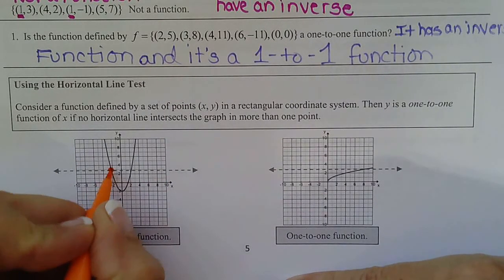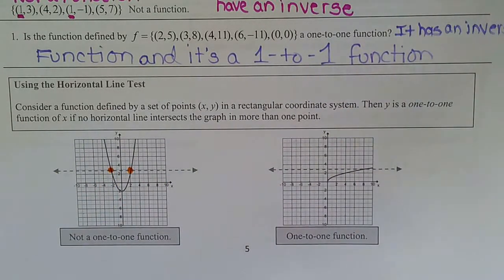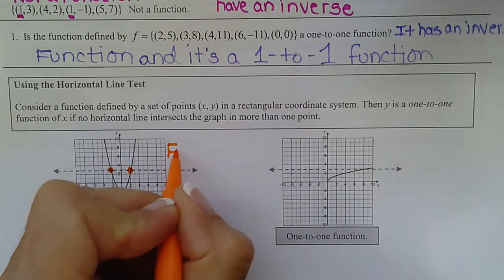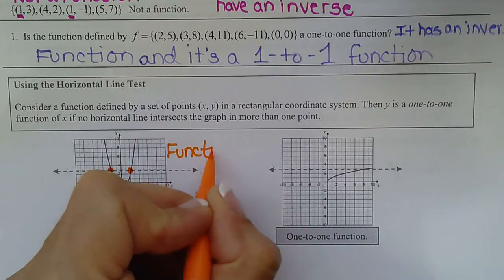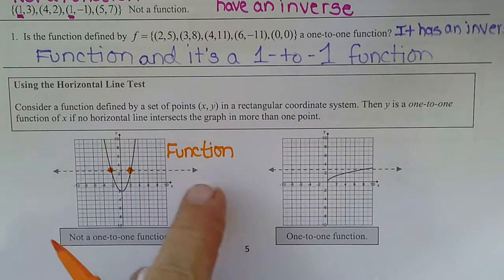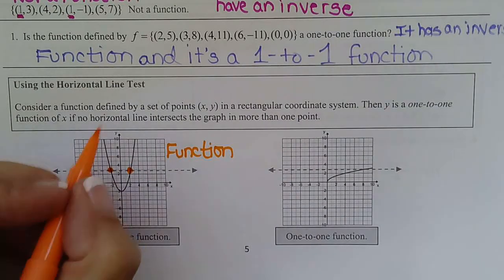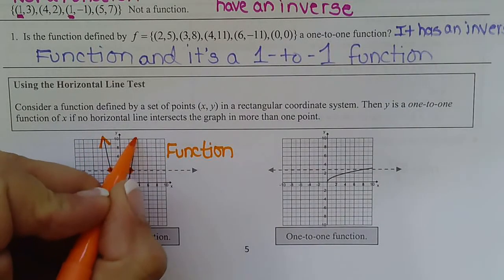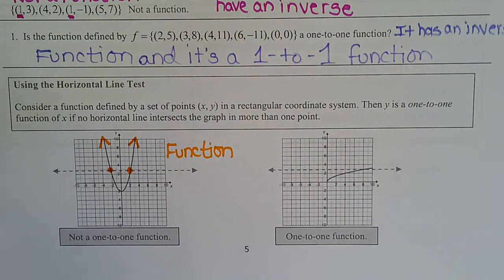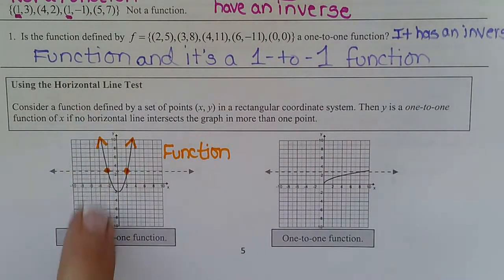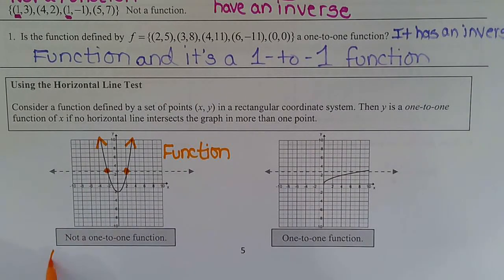This one fails the horizontal line test. So this is a function because it passes the vertical line test, but because it fails the horizontal line test, it's not a 1-to-1 function. But keep in mind, it still is a function. I don't want you to lose track of what you've learned in previous classes. If it passes the vertical line test, it's a function. It's just not a special function. So it's not 1-to-1, which means it does not have an inverse.